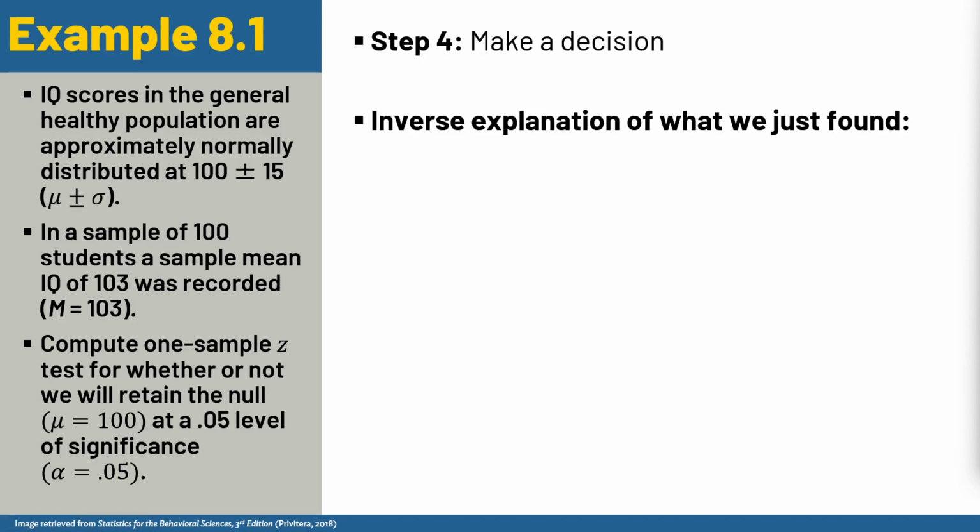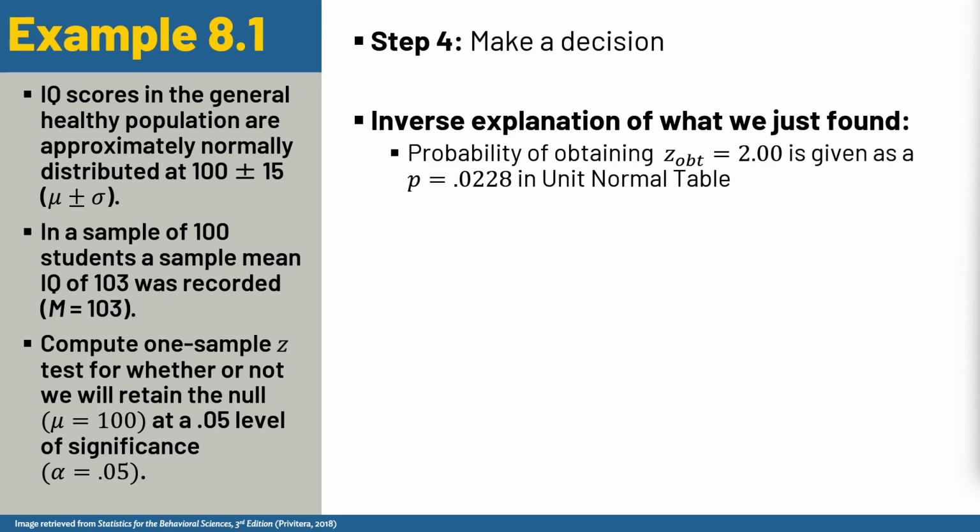It may help to start here and work backwards to explain what we just found. We obtained a z-score of 2, and if I wanted to, I could go back to the unit normal table and find the p-value for that z-score, and I would find a p of 0.0228.